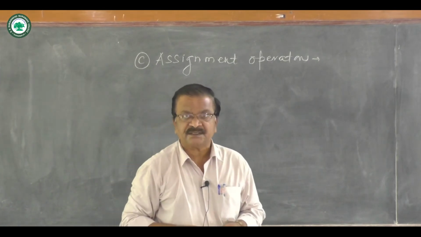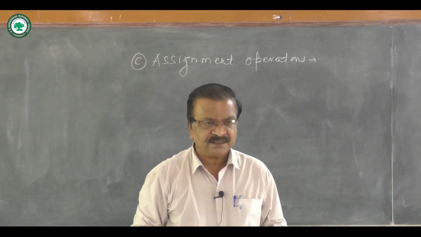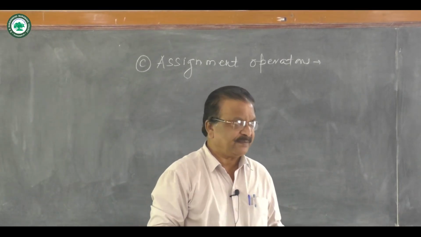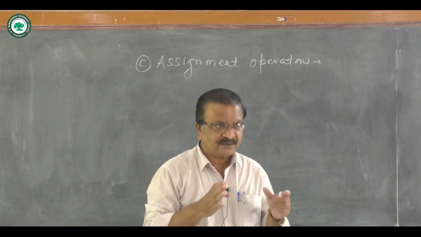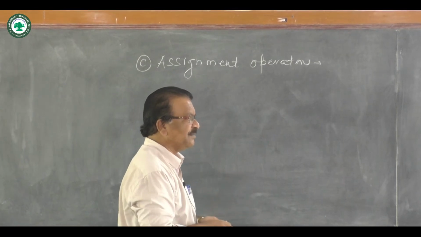Assignment operators are used to assign the value of an expression to a variable. So the expression is evaluated and the value of that expression is assigned to the variable by means of the assignment operator.